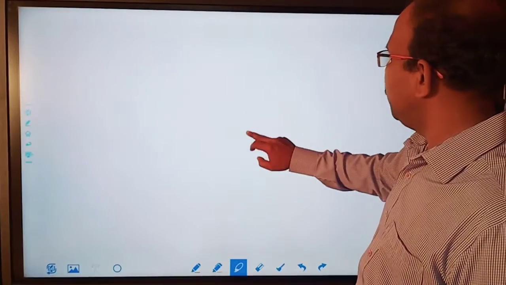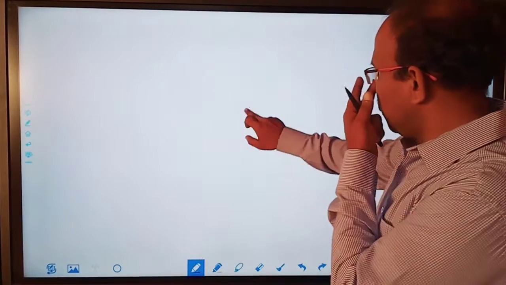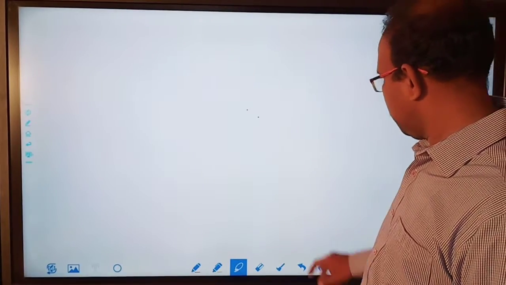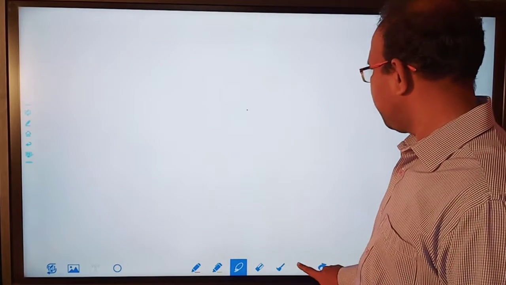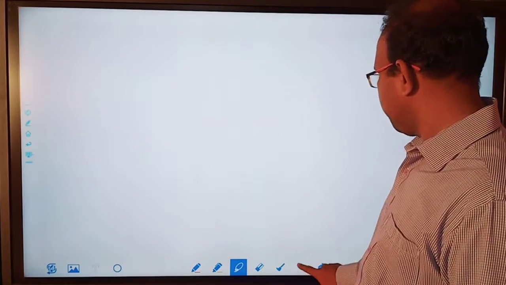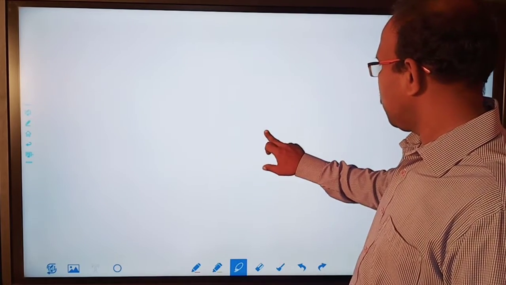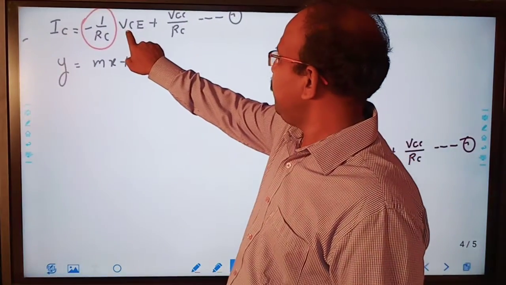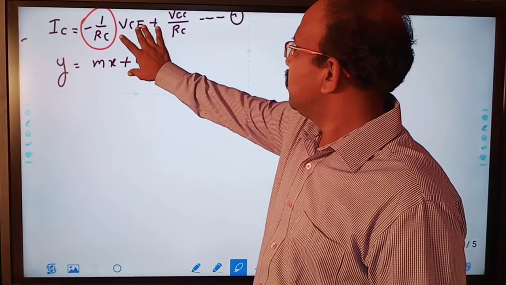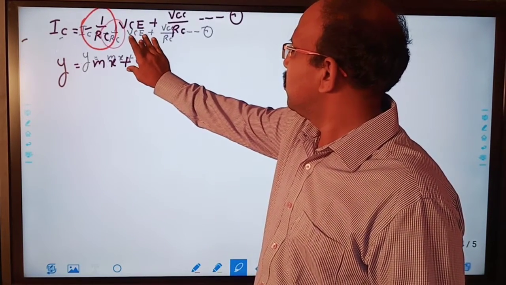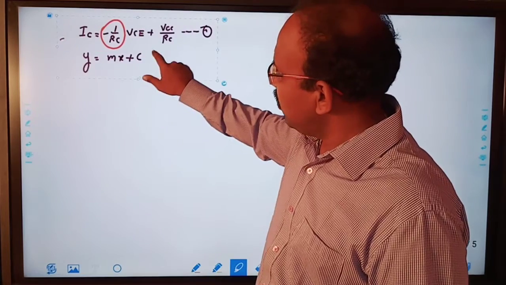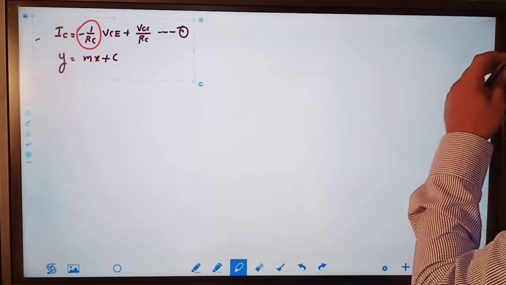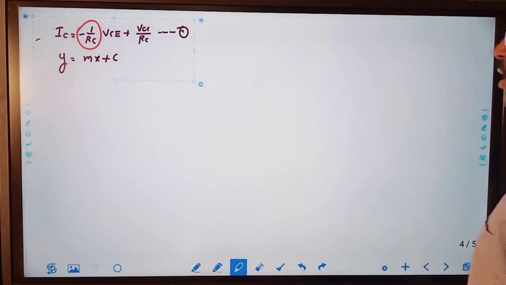I want to see the variation of IC. So this is the equation: IC equals minus 1 by RC VCE plus VCC by RC.